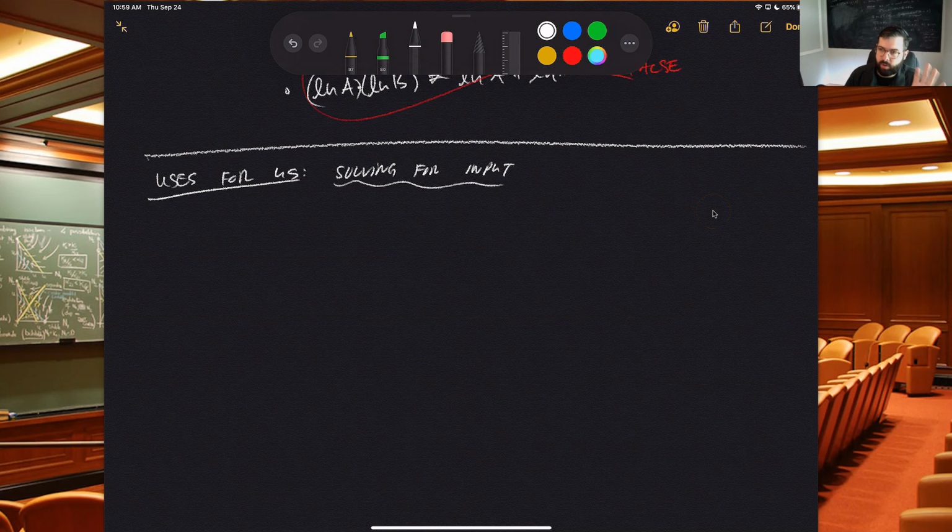So now that we have these properties and you practice them a little bit, I want to show you an application that is directly interesting to us, because you remember last unit we weren't able to solve for the input for exponential functions algebraically, right? We had to solve graphically only.